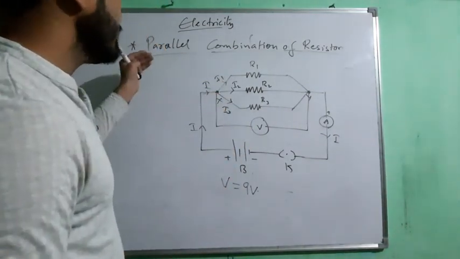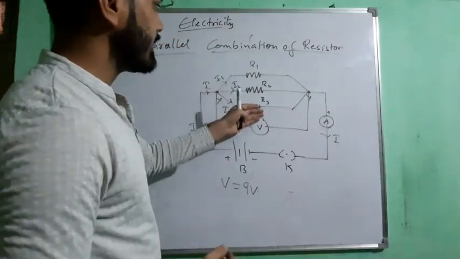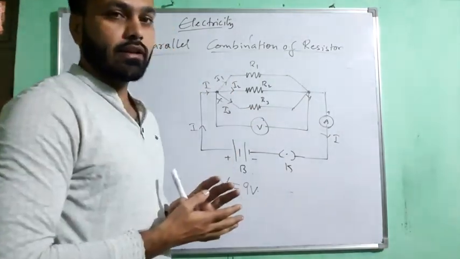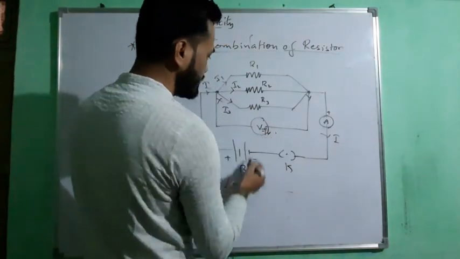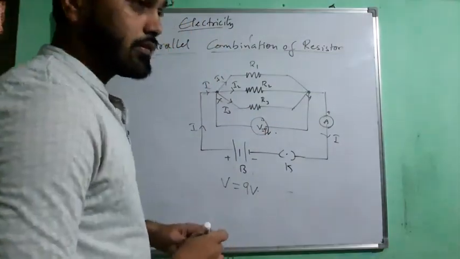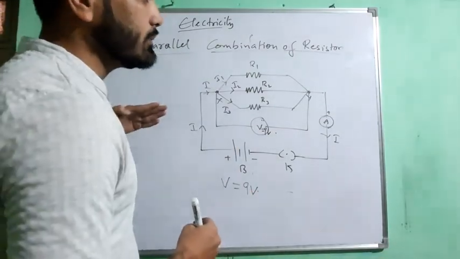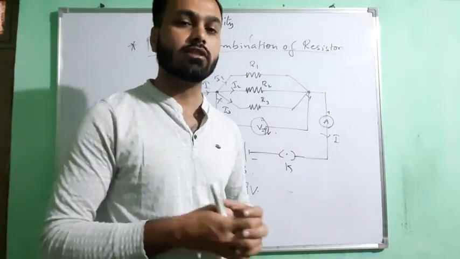When the resistors or appliances are connected in parallel, the electric current gets distributed, whereas the potential difference remains the same. The contrary is happening here. In series, the same current was flowing through each resistor, whereas the potential difference got distributed.